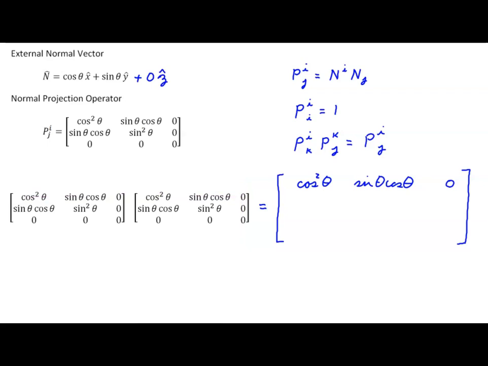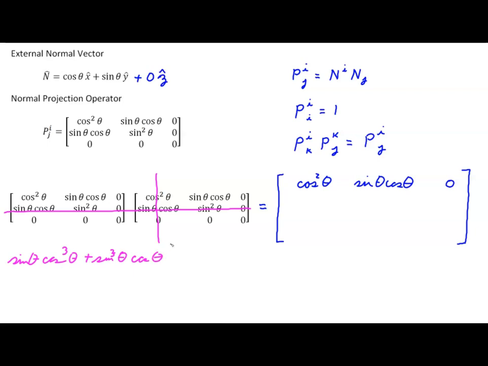Okay, next one would be this row right here times this column. And that's going to be sine theta cosine cubed theta plus sine squared times this is equal to sine cubed theta times cosine theta.